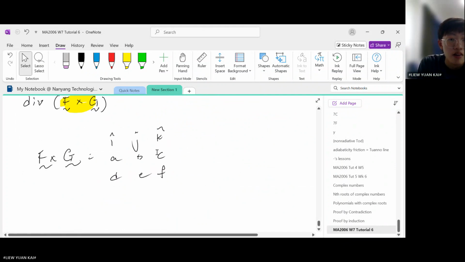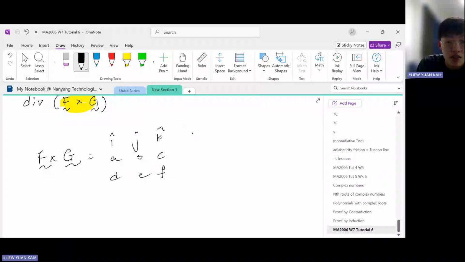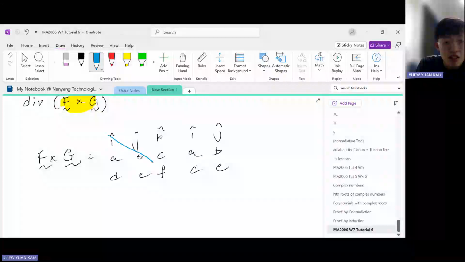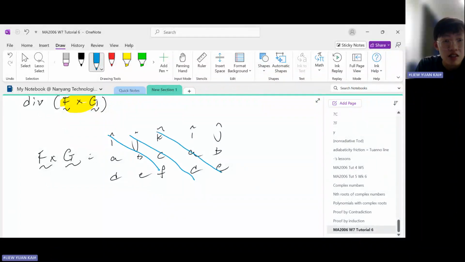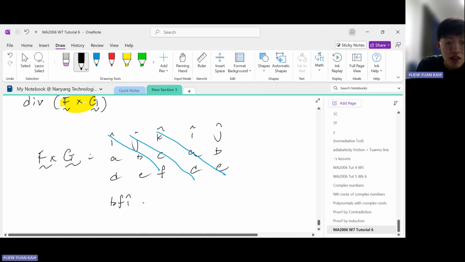Right. So copy the first two columns: i, j, a, b, d, e. Then after that, you do the crisscross. Okay, so all these under the line must be multiplied together. So bfi plus cdk plus aek.